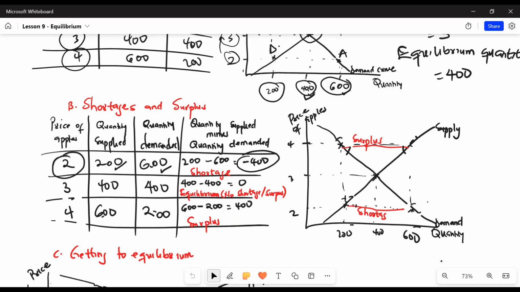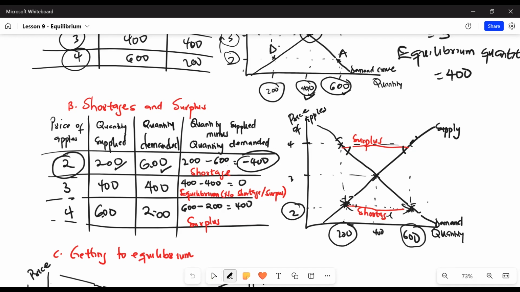In simple terms, buyers are willing and able to buy more than sellers are willing and able to sell. On our curve, at price 2, the demand curve shows quantity demanded of 600 and the supply curve shows quantity supplied of 200. So the difference here between demand and supply is a shortage of 400.